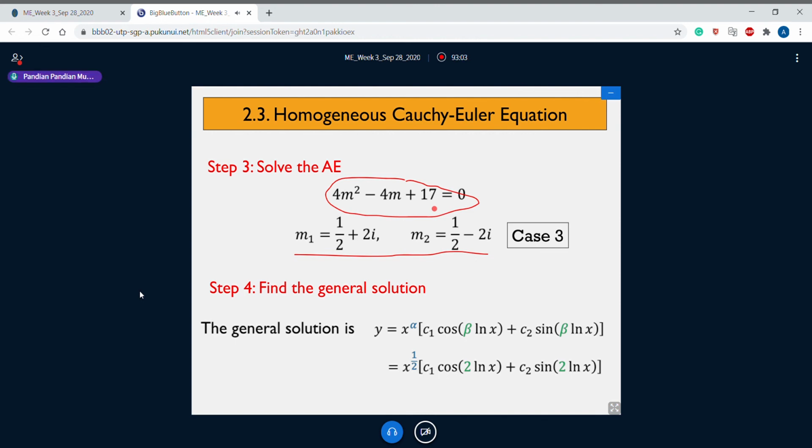So you have 4 plus minus root of 16 minus 4 multiplied by 4 multiplied by 17. If you simplify, you get root of minus 256. Write down here, root of minus 256. So root of minus 256 is 16i.